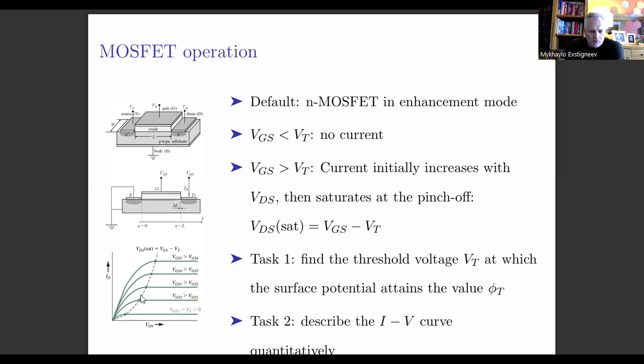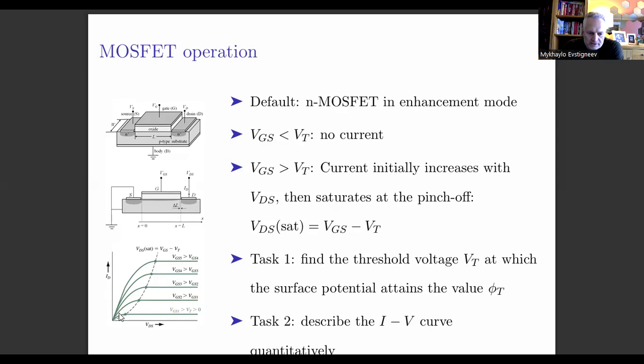All right. So what happens at the saturation? At small values of the drain voltage, so in the beginning of this curve, right here, the inversion layer is more or less uniform. It is uniform and it connects the source and the drain. But when you increase the drain voltage, then the non-uniformity, the modulation of the inversion layer width, comes into play.